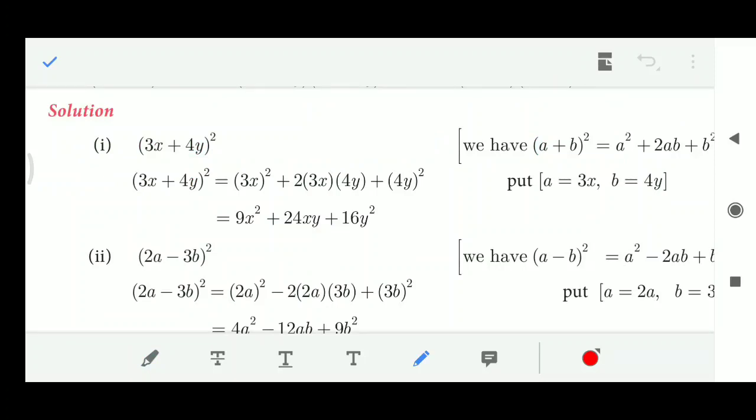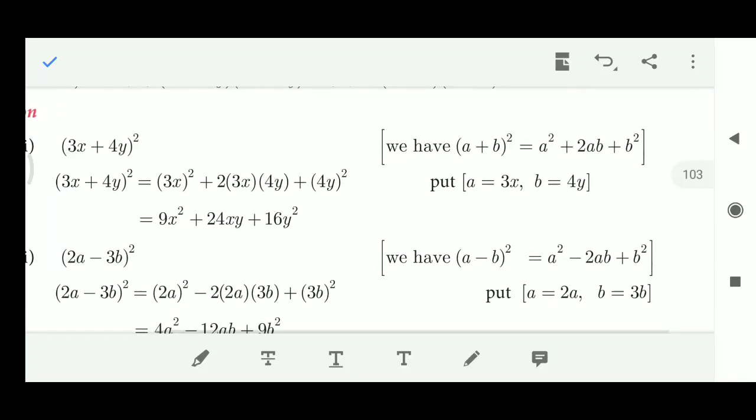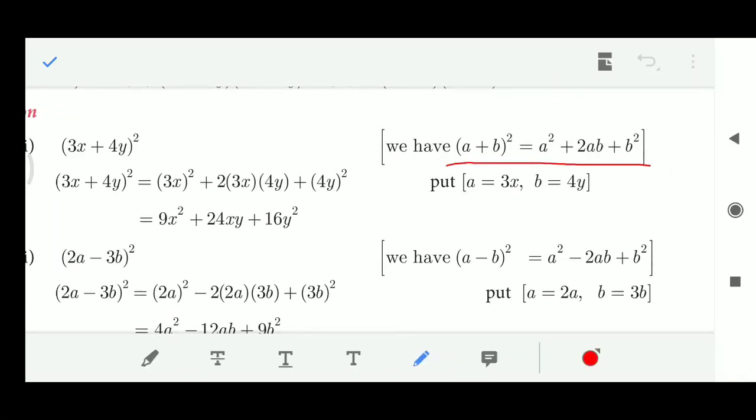The first one is (3x + 4y)², which is in the form of (a + b)². What is the form for (a + b)²? It is a² + 2ab + b². Now look at the identity. In the place of a we have 3x, in the place of b we have 4y. So treat 3x as a and 4y as b.